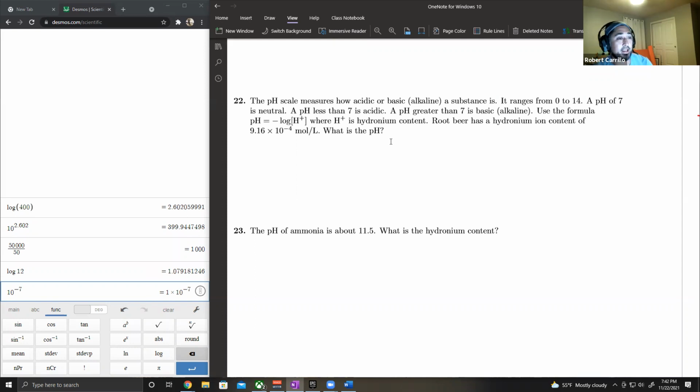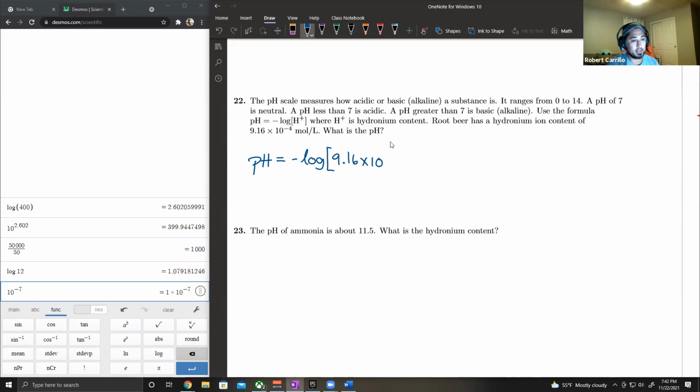What is the pH? All we have to do here is take 9.16 times 10 to the -4 and plug it in for H. So that's how we're going to find the pH. We'll say pH is equal to the negative log of 9.16 times 10 to the -4. Calculator wise, you're going to want to use parentheses.